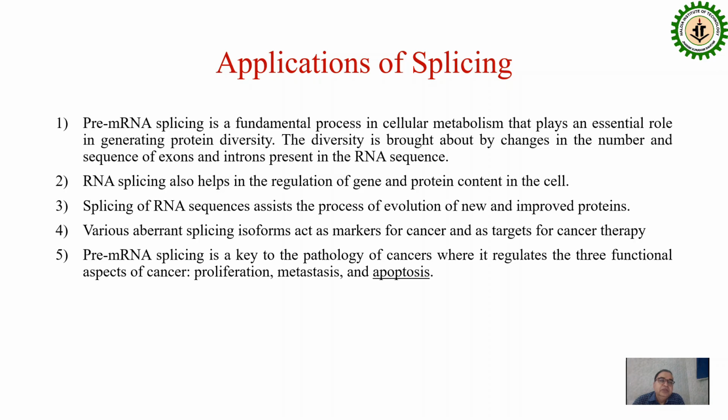Pre-mRNA splicing is a fundamental process in cellular metabolism that plays an essential role in generating protein diversity. With this splicing, we can get different permutation combinations producing different types of proteins, and the diversity is brought about by changes in the number and sequence of exons and introns present in the RNA sequence.